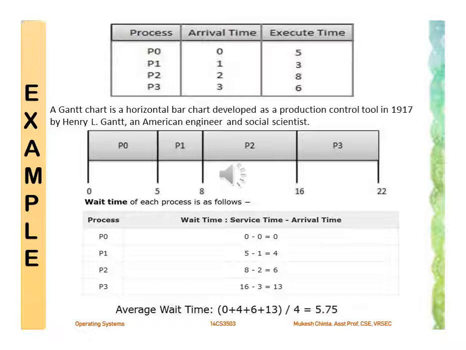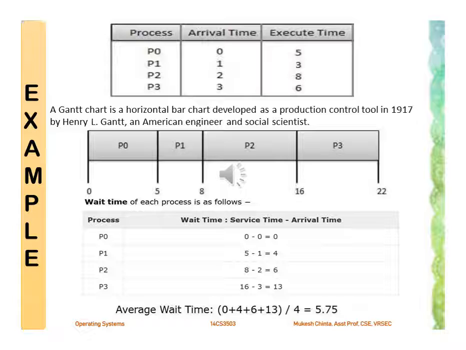This is given in a table, and after solving with first come first serve, we find how much time is required for the execution of P0, P1, P2, P3. Firstly, we draw the Gantt chart, a horizontal bar chart developed as a production control tool in 1917 by Henry Gantt, an American engineer and social scientist.